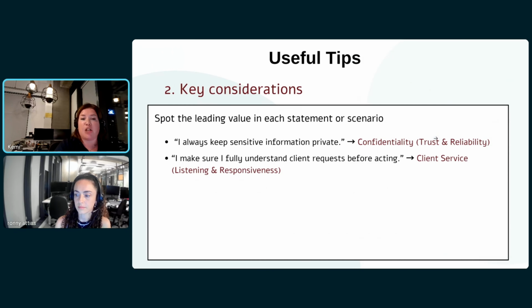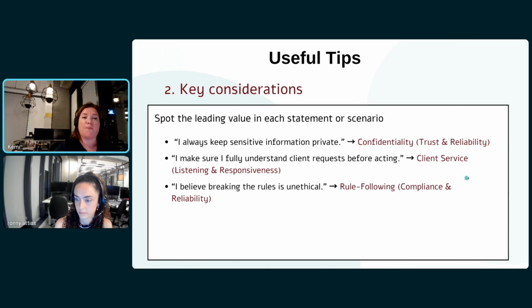For instance, "I make sure I fully understand client requests before acting." Fully understand client requests. This talks about, again, sensitivity, what we spoke about before, being empathetic, understanding client needs. Again, a statement that is linked to a value that is very important in the banking world.